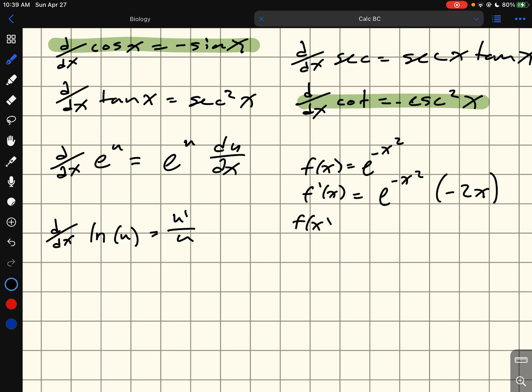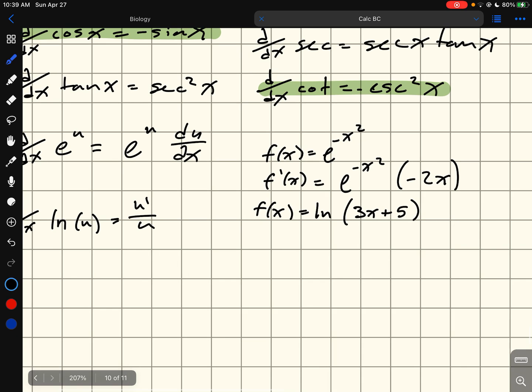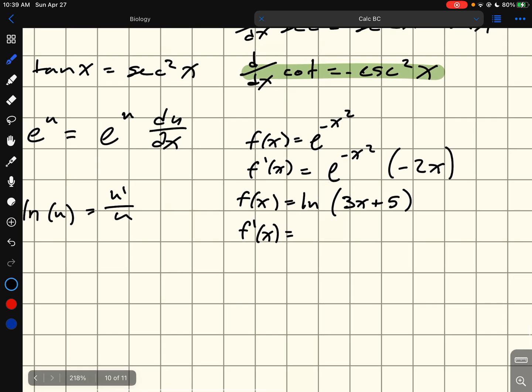So let's say we had natural log of 3x plus 5. And then f prime would be u prime over u. So if this is u, it would be the derivative of this over this.